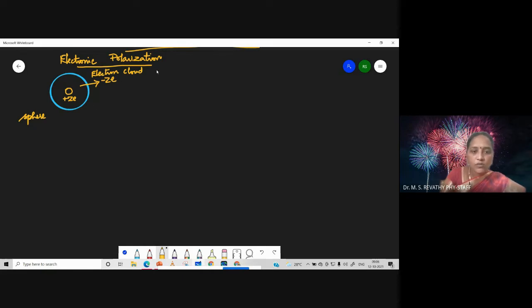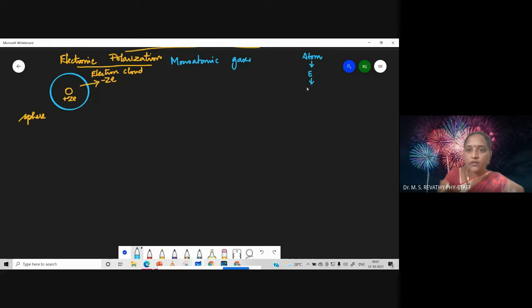Where does electronic polarization occur? It occurs in monoatomic gases, for example argon, krypton, helium, etc. I'll show the steps we are going to follow. We consider an atom and apply an electric field.